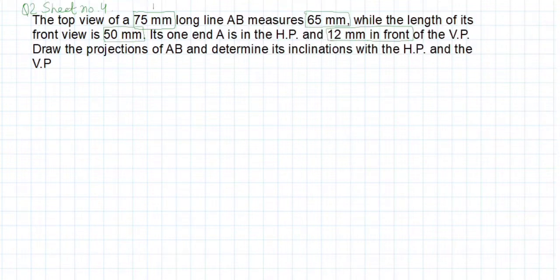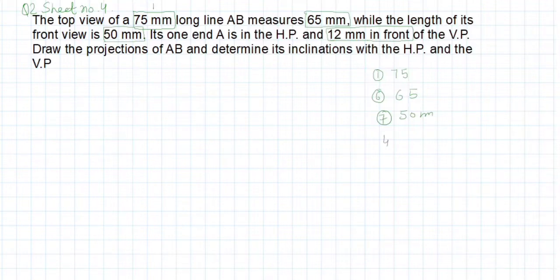We have the true length, the first data in our 12 data which we discussed in our previous lectures, given to us as 75. Then the length of the top view, which was our sixth data as per that list, is 65. The seventh data, length of the front view, is 50. Then the point A dash is on HP, so that is the locus of A dash.